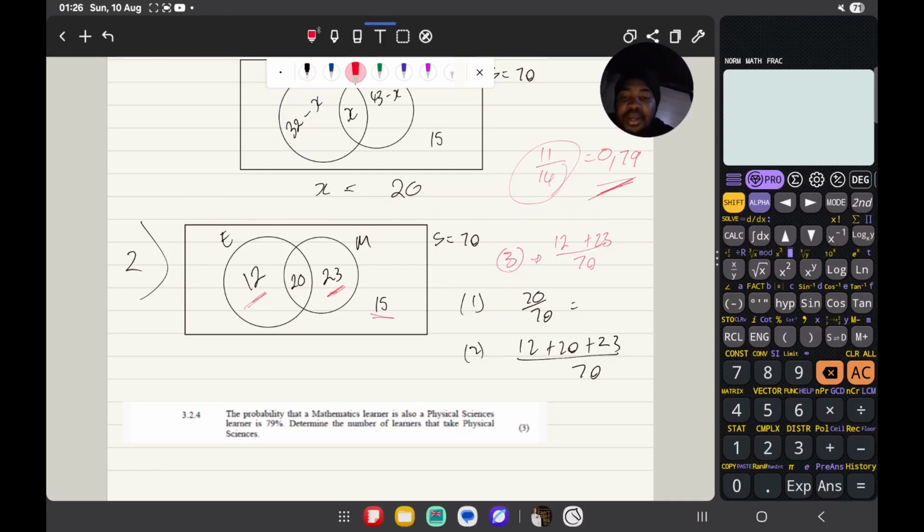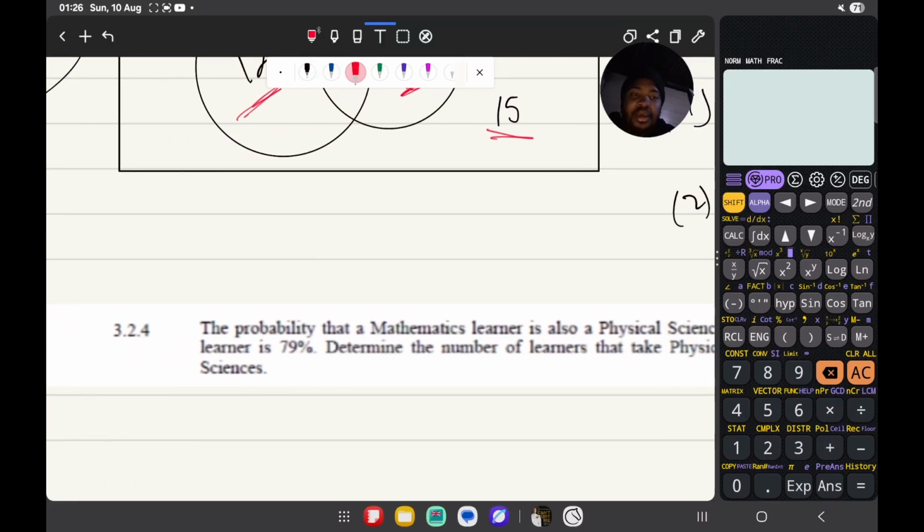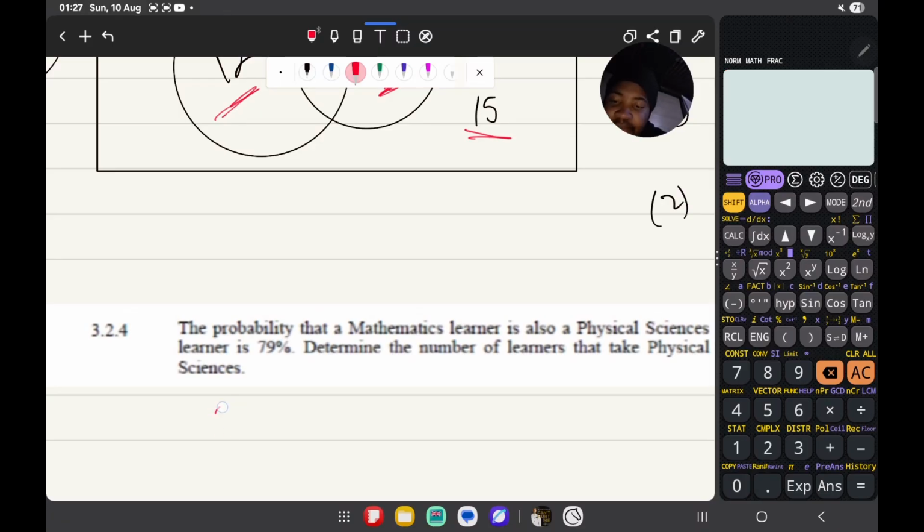So what does that mean? If I say X is the number of people doing physical sciences, and I say X divided by 43, I have 43 learners doing mathematics.